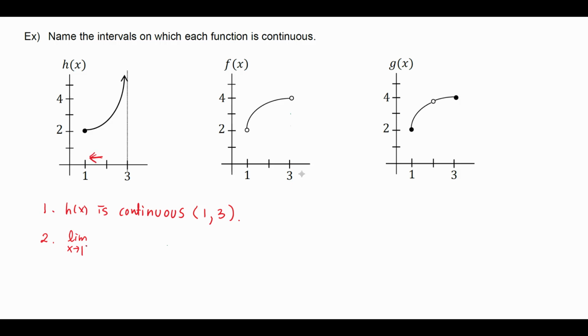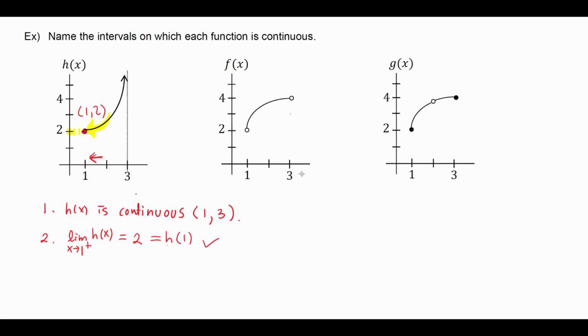We only have the right limit of h of x, and the right limit is 2. And is that equal to h of 1? H of 1 is this point, 1, 2. H of 1 is 2.